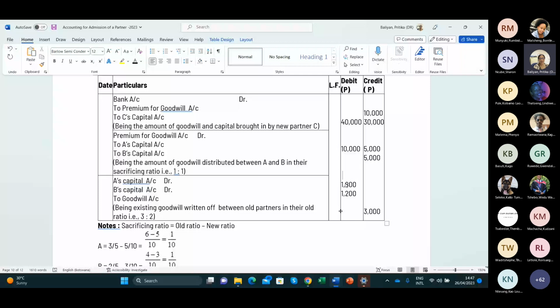And partner B's proportion was 3,000 times 2 divided by 5, which is 1,200. So A's capital account is debited by 1,800 and B's by 1,200, to goodwill account, being existing goodwill written off between all the partners in their old profit sharing ratio. Do you understand that part?